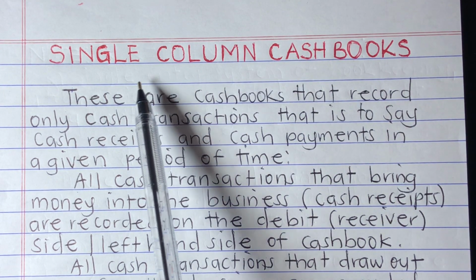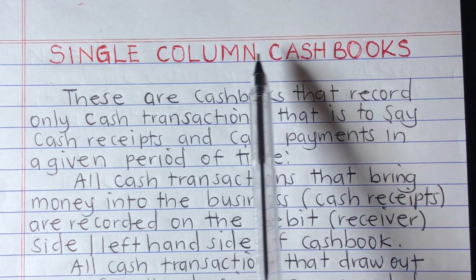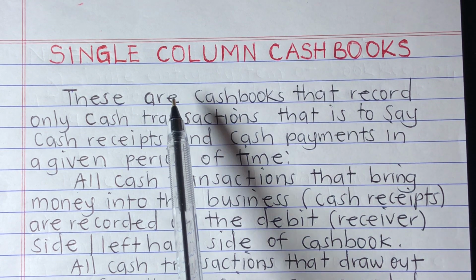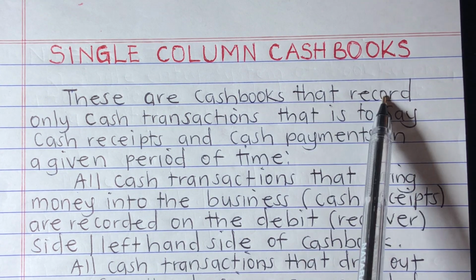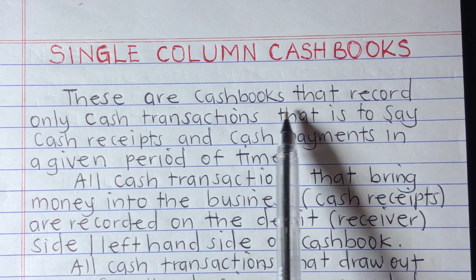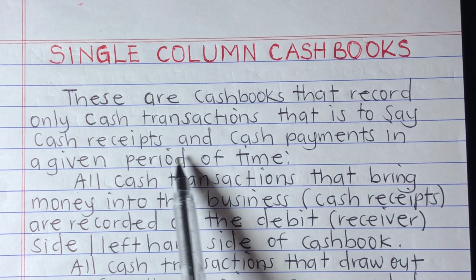A single column cash book is one of the subsidiary books that records transactions in the single entry system. These are cash books that record only cash transactions, that is to say cash receipts and cash payments in a given period of time.